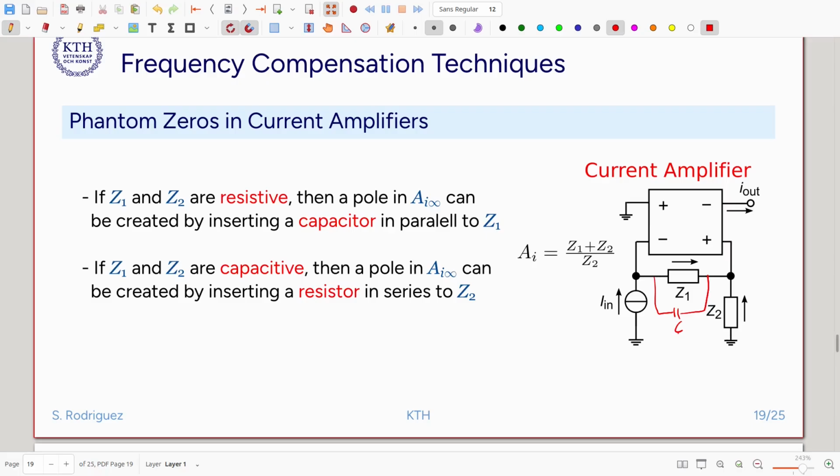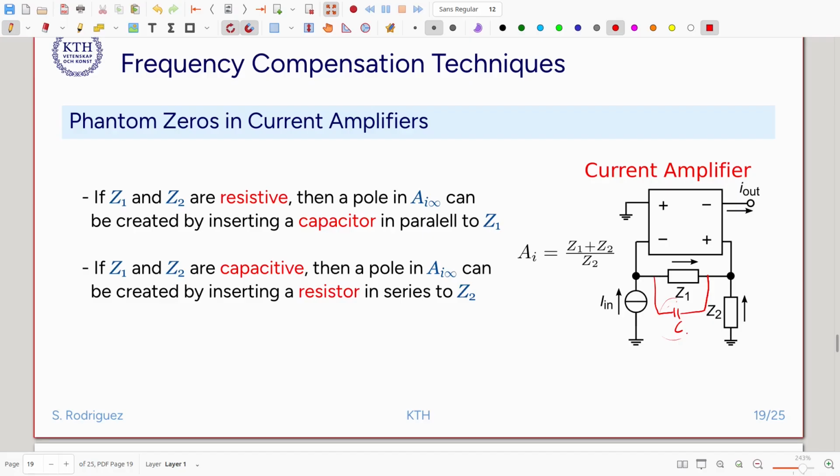We introduce a capacitor in parallel to zeta 1, and that will create a pole in the asymptotic gain that will become a zero in the loop gain. And we will see in the last module a current amplifier similar to this one. We will be introducing this for compensation. We'll see an example of this.